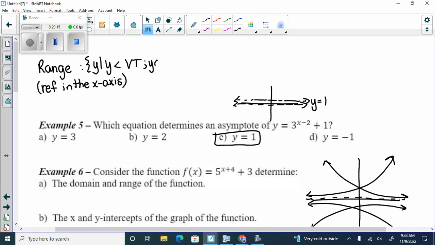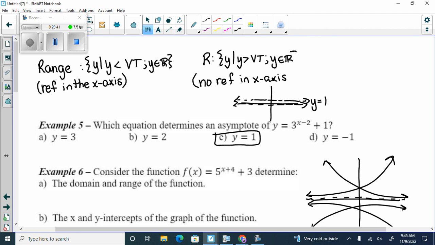And y is an element of the reals. And then no reflection in the x-axis. The y doesn't matter. The y just makes an increase or decrease. With no reflection in the x-axis, my range is going to be y such that y is greater than the vertical translation, because the vertical translation is the asymptote. And the graph is either completely above the asymptote or completely below the asymptote, right?